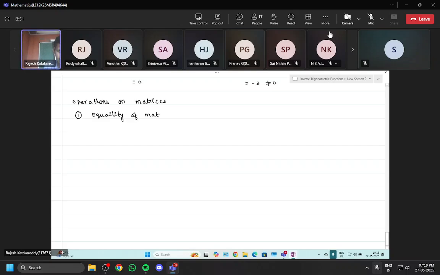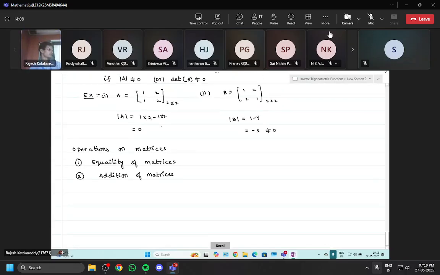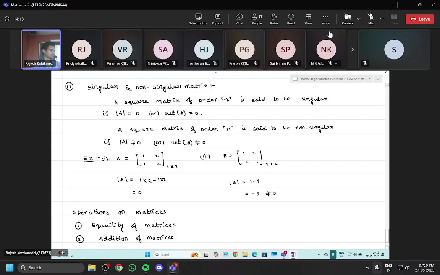After equality of matrices, we'll be seeing addition of matrices. The third one we'll be seeing is multiplication of a matrix by a scalar, that is known as scalar multiplication of a matrix.